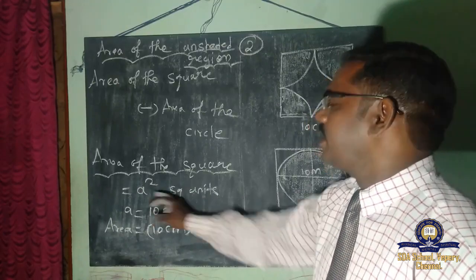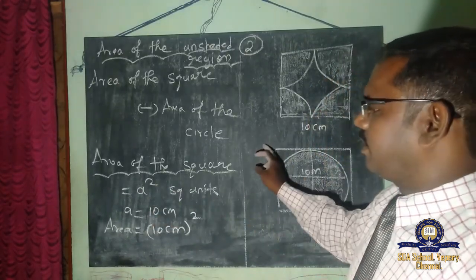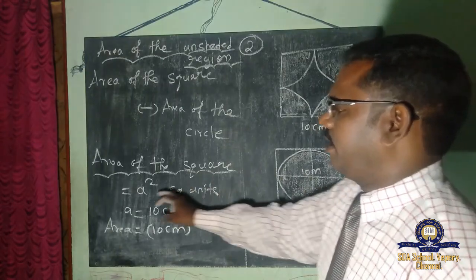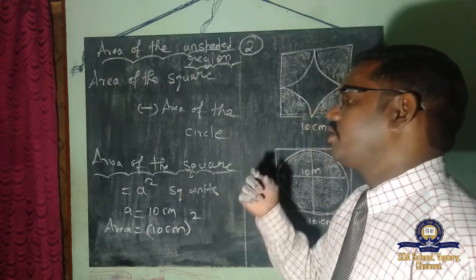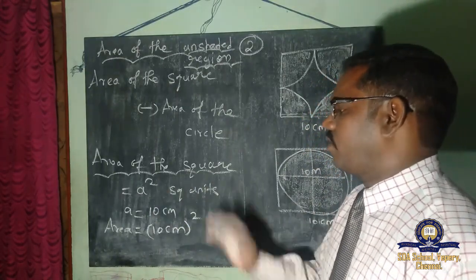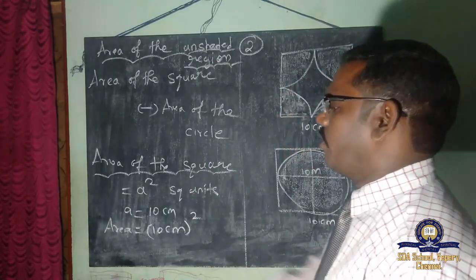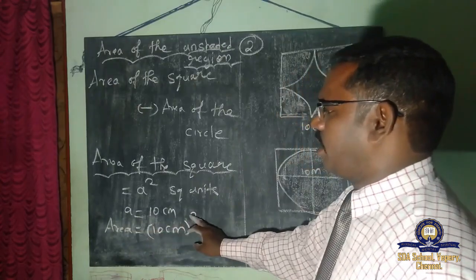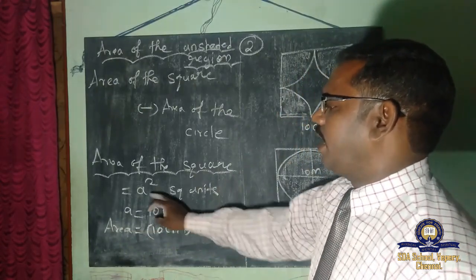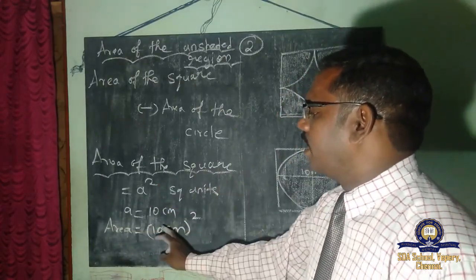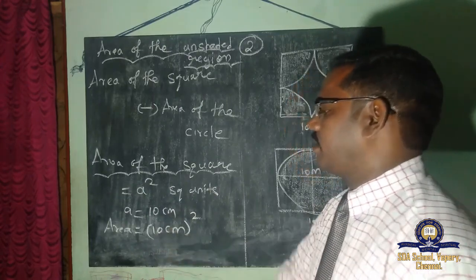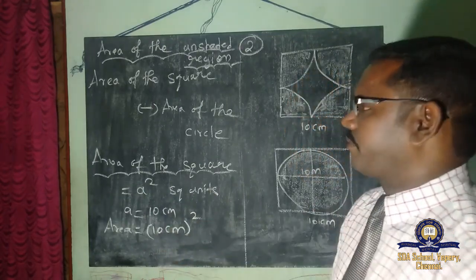A is nothing but side of the square. Side of the square we will call A. So side into side, or A square. Now according to the side of the square, 10 centimeter, A is 10 centimeter. So area of the square formula is A square. That means instead of A I have to put 10 centimeter square, isn't it?